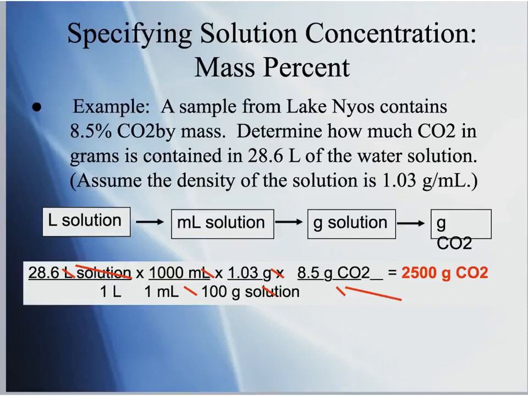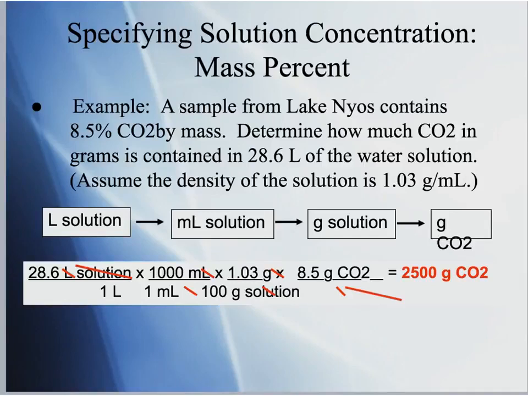It says a sample from Lake Nyos contains 8.5% carbon dioxide by mass. Determine how much carbon dioxide in grams is contained in 28.6 liters of the water solution. We're going to assume the density of the solution is 1.03 grams per milliliter. All right, so what are we going to do first? Well, we're given liters of our solution.